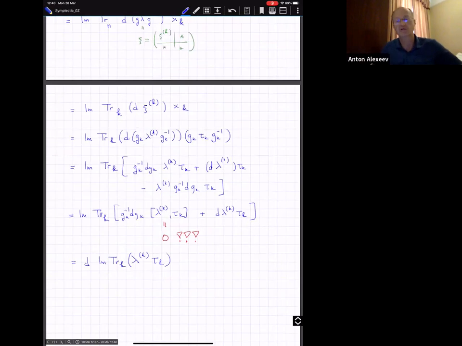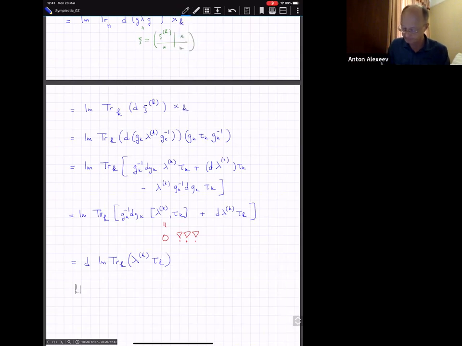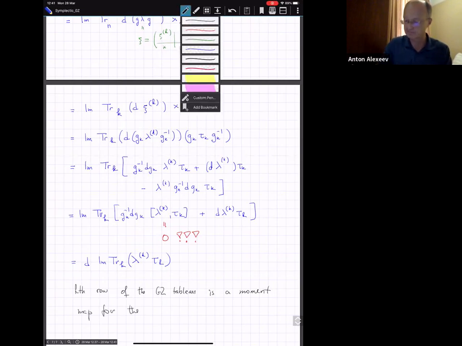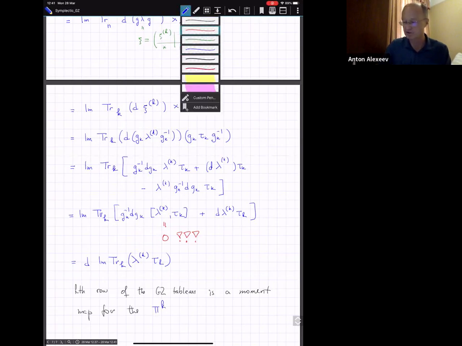But that's exactly saying that those lambda k, the k-th row of the GZ tableau, is a moment map for the T_k action.